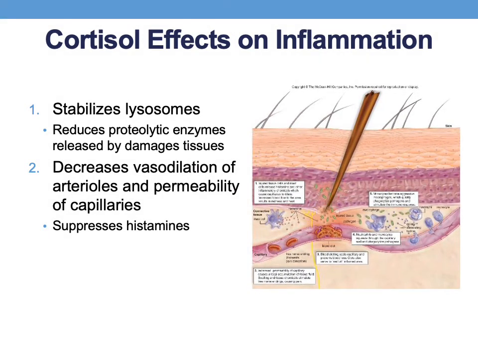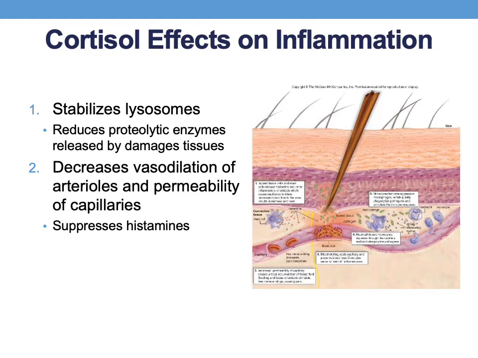Cortisol effects on inflammation. As I talked about before, one of the main effects of cortisol is to decrease or slow down the immune response. It doesn't want to stop the immune response. It just wants the immune response to be in an orderly fashion. And it does this first by stabilizing lysosomes.